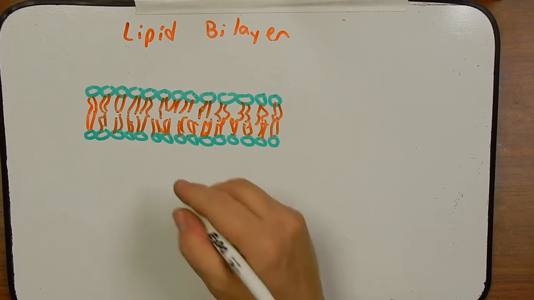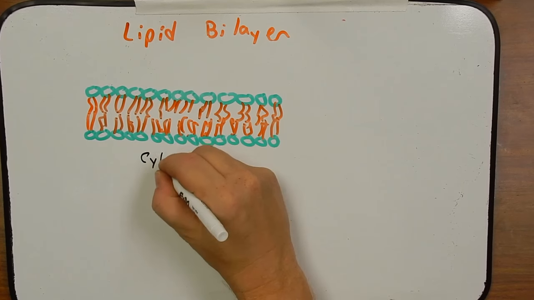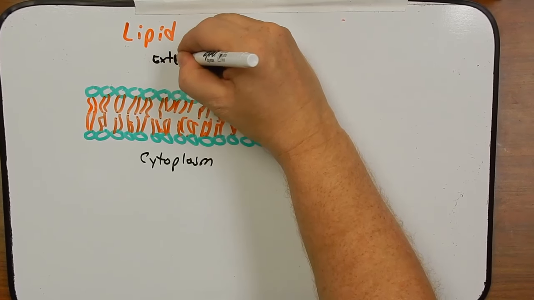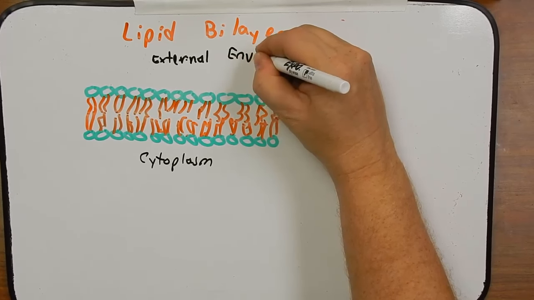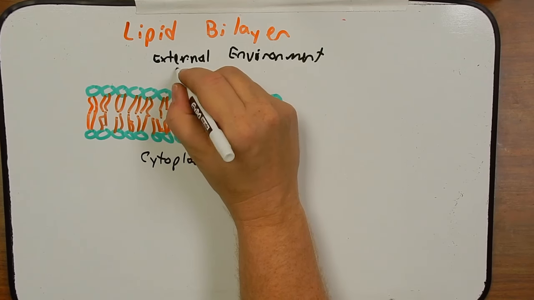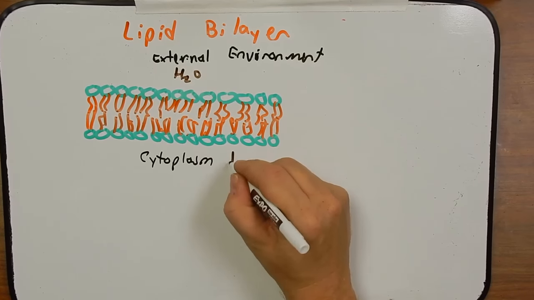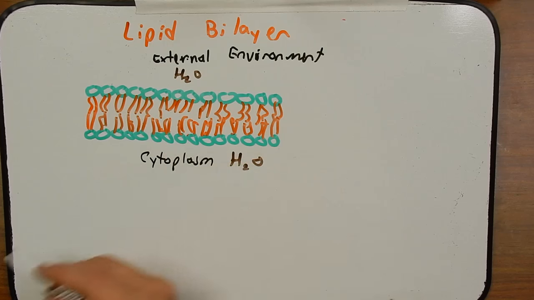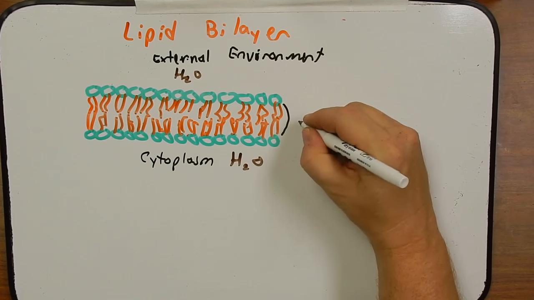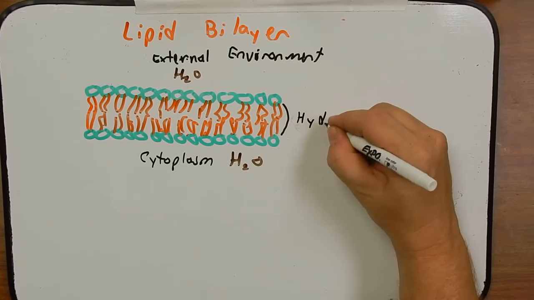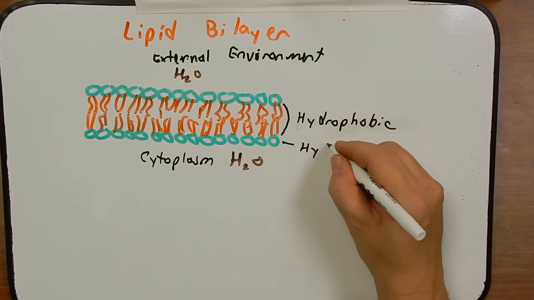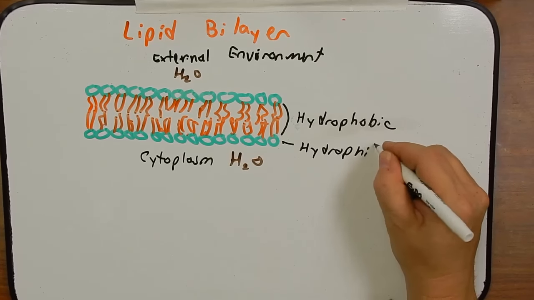So we might have the cytoplasm here and the external environment here. In either case, there will be water molecules on both sides interacting with these polar heads, the hydrophilic portions. We might as well go ahead and label these. These are our hydrophobic portions, and these are our hydrophilic portions.